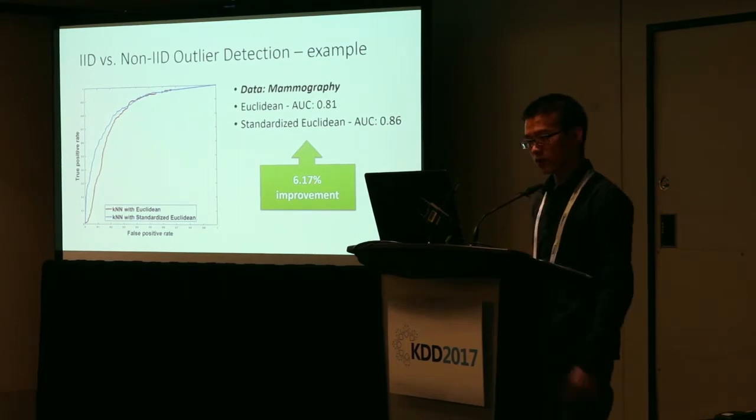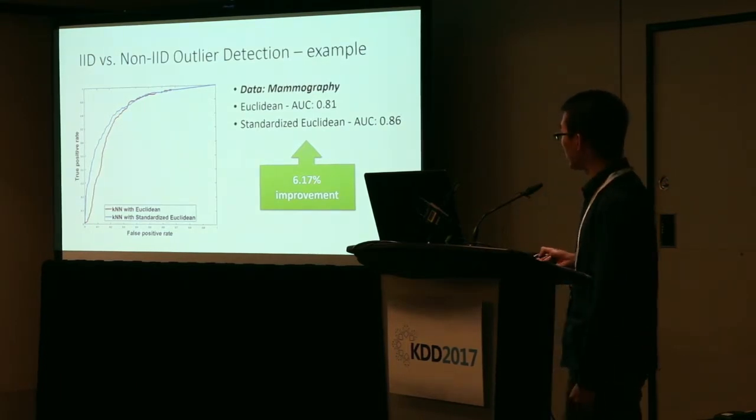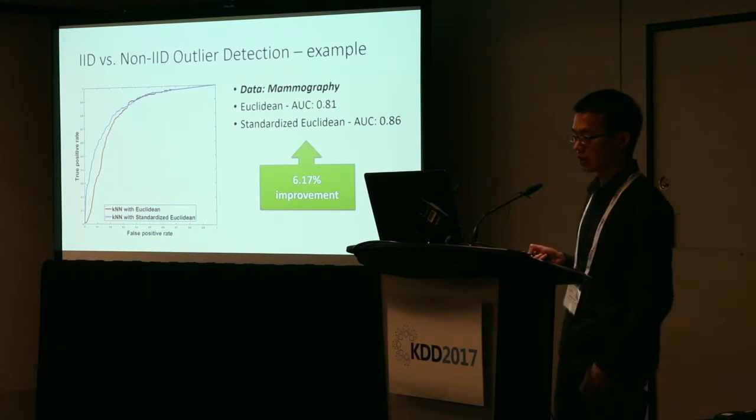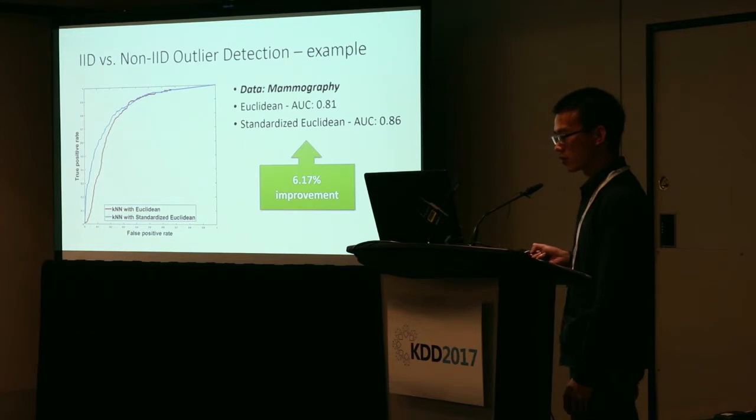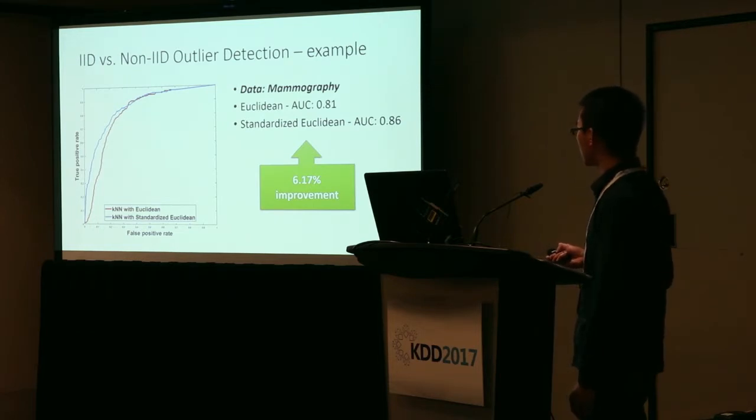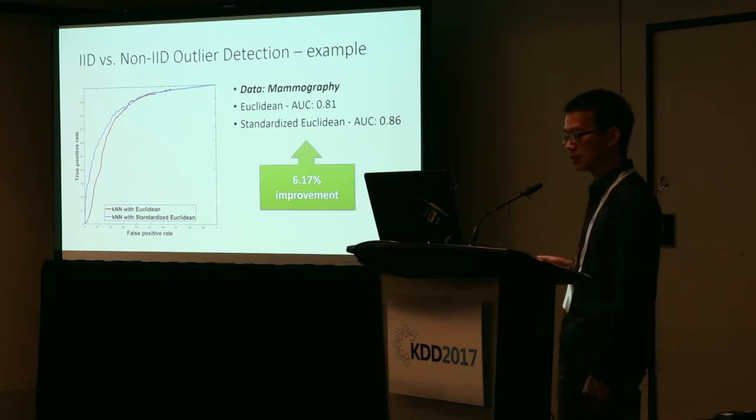So I give you one simple example of why we need to consider non-IID in our traditional multidimensional data sets. This is the AUC performance using KNN, but with very different distances. This one is using the traditional Euclidean distance, but the blue line is using the standardized Euclidean distance.